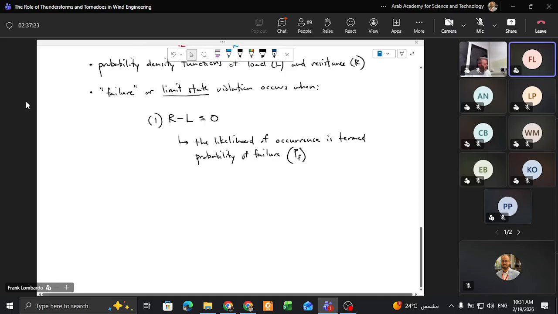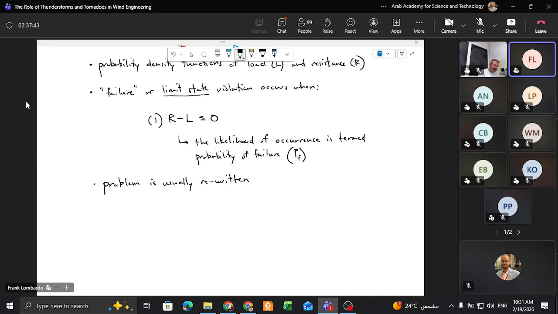So we have some resistance, we have some load. If the load is greater than the resistance, you get a failure. The problem is usually rewritten as something slightly different.